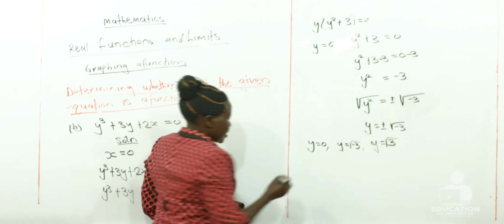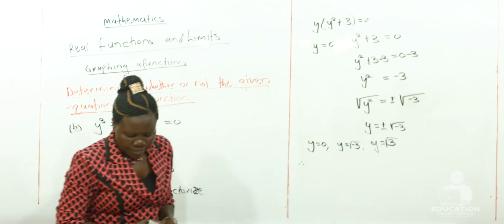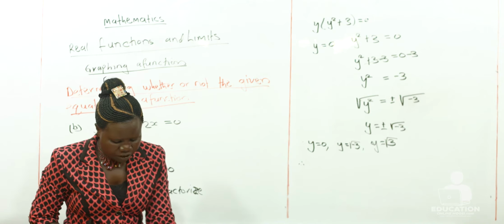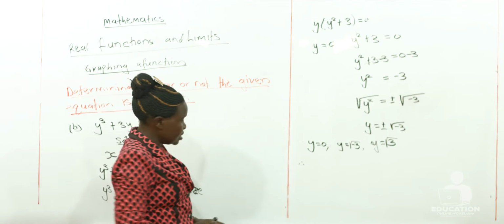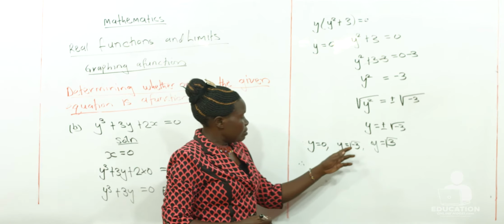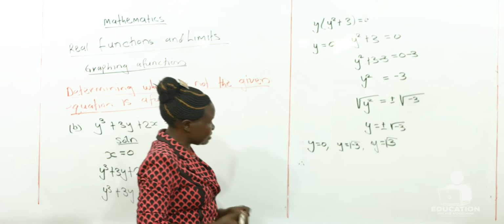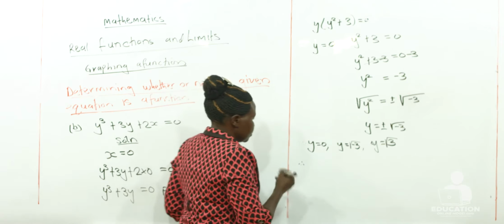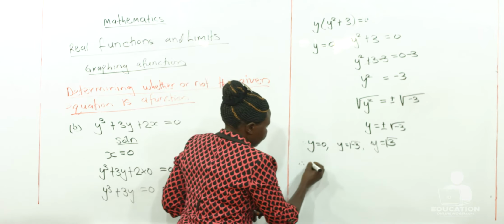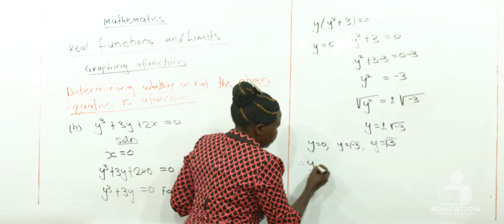So then now you simply say, therefore, y is not defined at x equals to 0, since y equals the root of negative 3. Just because of this, it disqualifies the equation to be a function.